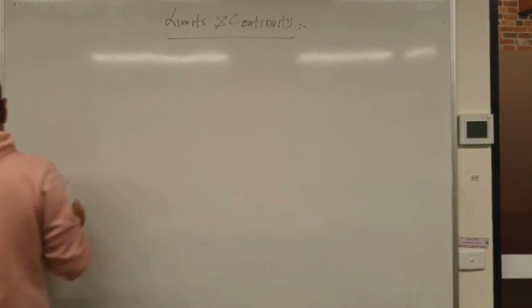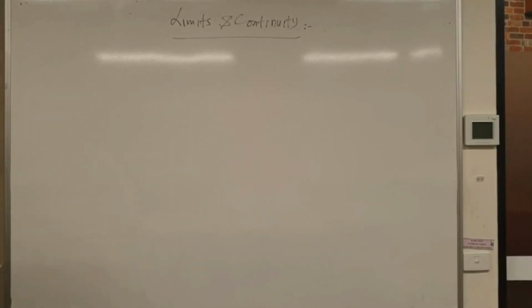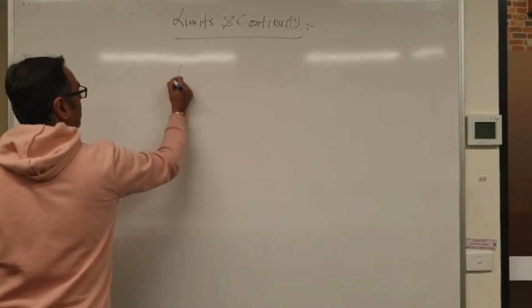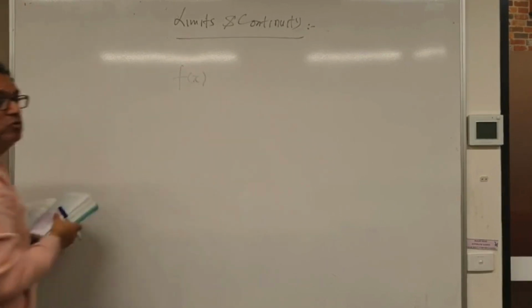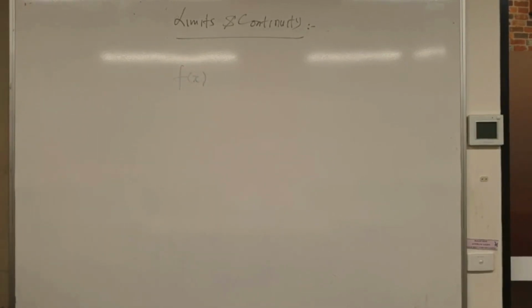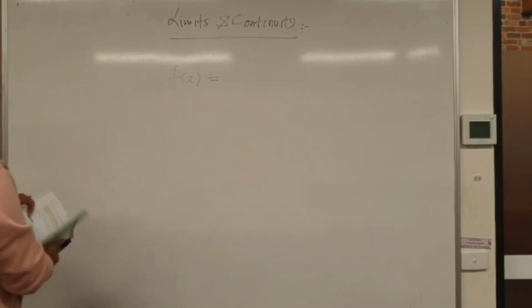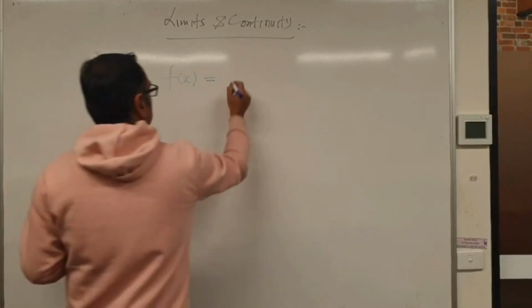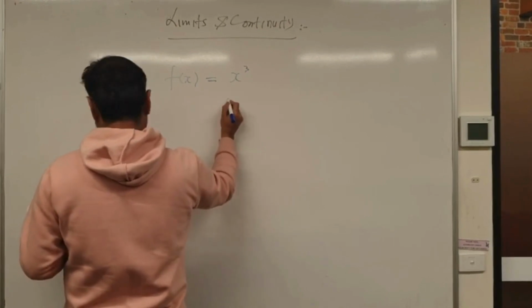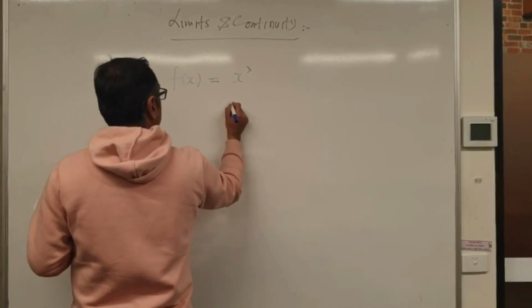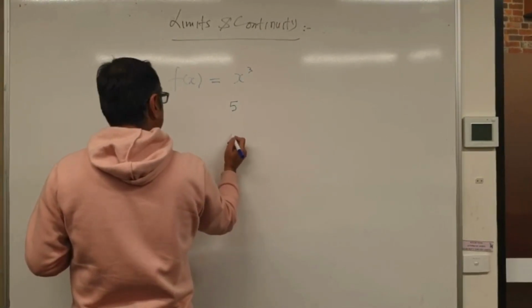Alright, let's take an example. Let's say you have an f of x, and I need you to be writing in your notebooks, please. f of x equals x cubed, 5 and 6.